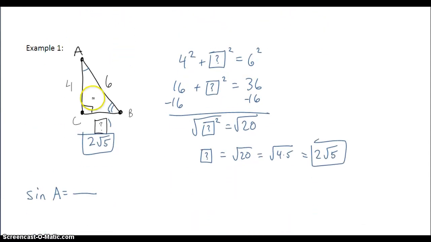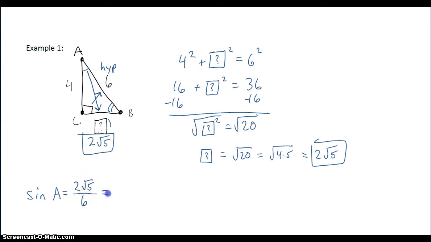So if I look at my triangle, 6 is my hypotenuse, and if I look at angle A, 2 square roots of 5 is opposite of angle A. So the sine of A is 2 square roots of 5, the opposite side, over the hypotenuse.